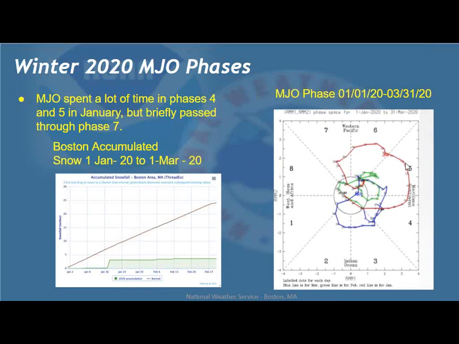It did make its way to 7 in late January, and I thought it was interesting too that almost the only snow on this graph right here occurred right around the time that MJO went into phase 7 briefly, but it obviously wasn't enough to get the storm tracks we needed to get any significant snowfall here in Boston last year.